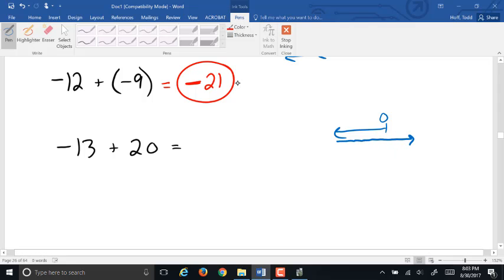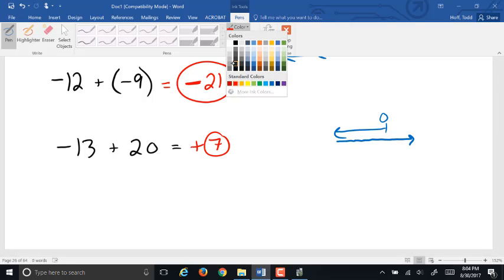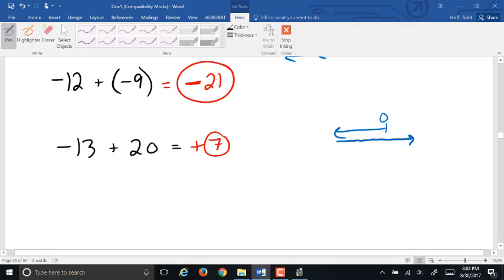So that's telling me my answer is negative or positive? Positive. Do I add the magnitudes or subtract them? Subtract them. They go opposite directions. So the magnitude of my answer is the difference in the length of the vectors, the difference in the magnitudes. What's the difference between 13 and 20? 7. So those vectors help me decide whether I'm really adding or subtracting the values and whether my answer is positive or negative.